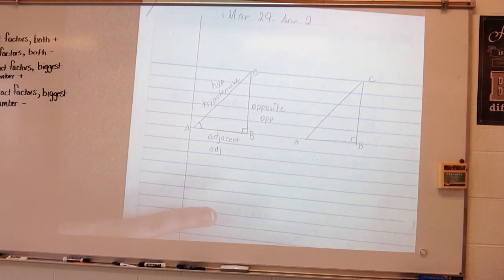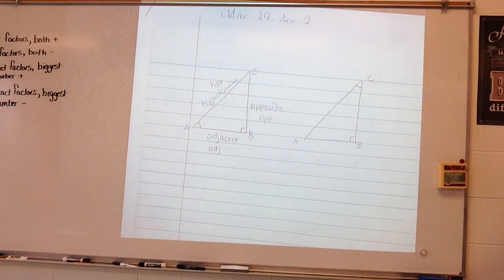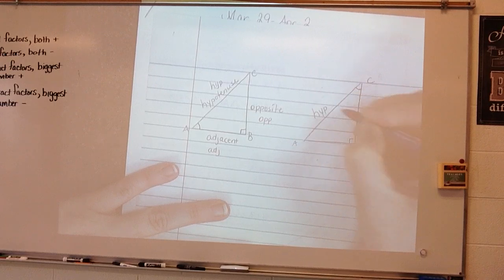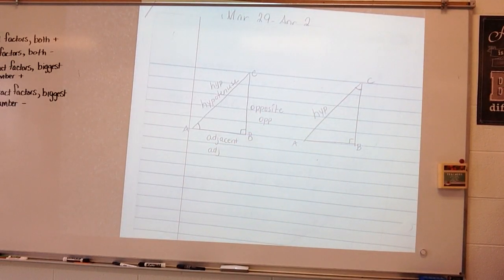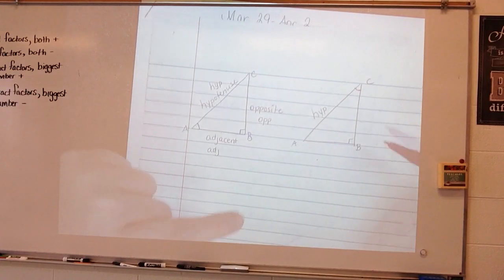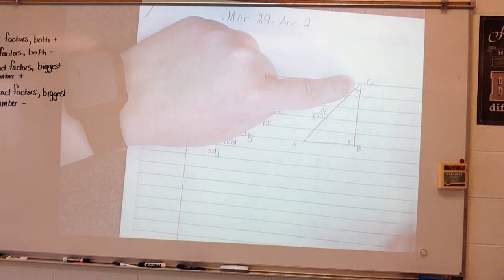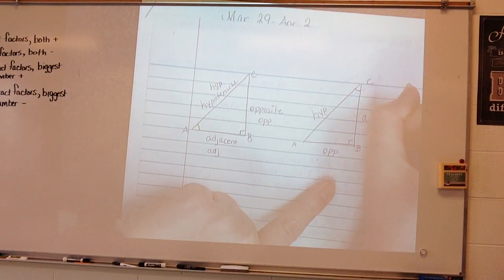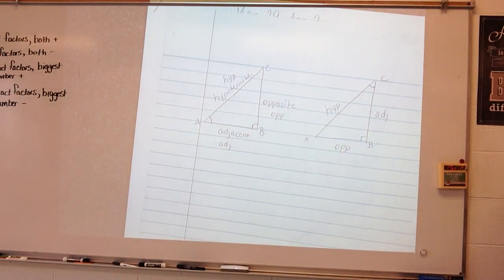My labels will change if I'm looking in reference to angle C. My hypotenuse stays the same because it is the side across from the right angle, but now my opposite and my adjacent will change. The side opposite of angle C is side AB, and the side adjacent to angle C is side CB. So these will change depending on what acute angle you are looking at. It all depends on the angle you are looking at.